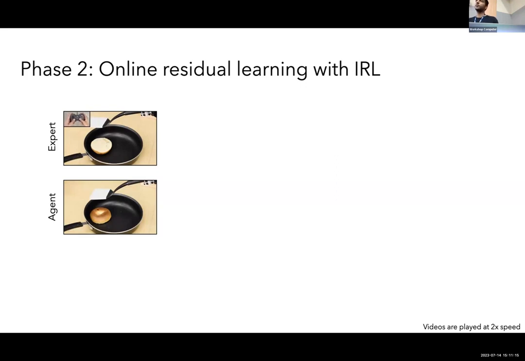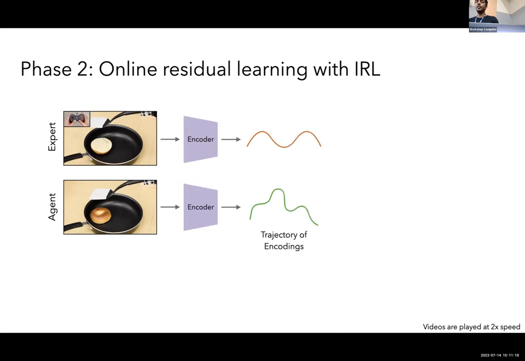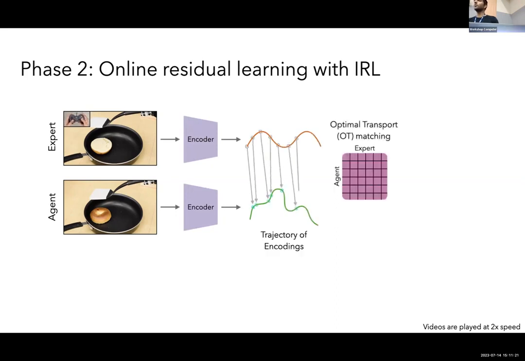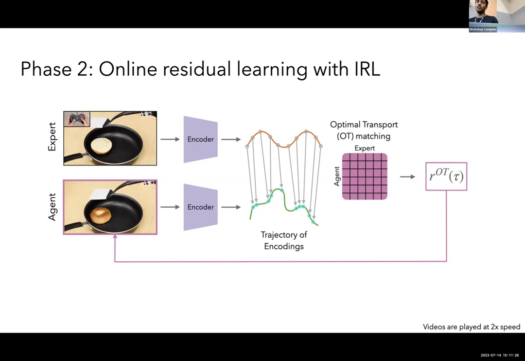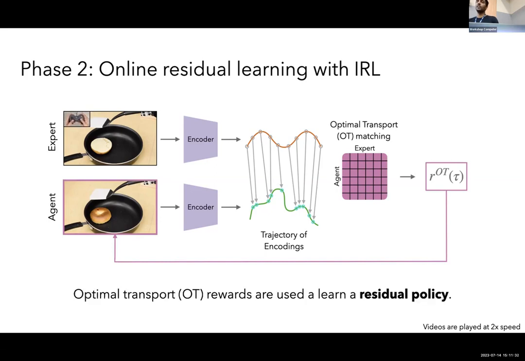Thus, given an expert and agent trajectory, we use an encoder to obtain a trajectory of encodings. We use optimal transport-based trajectory matching to find a similarity score between these trajectories, and the similarity score is used as a reward to learn a residual policy using reinforcement learning. It must be noted that the OT rewards used in this scenario are only used to learn the residual policy, while keeping the base policy unchanged.